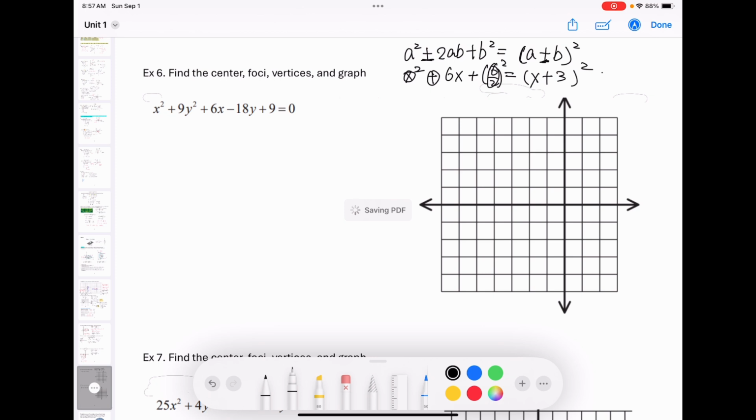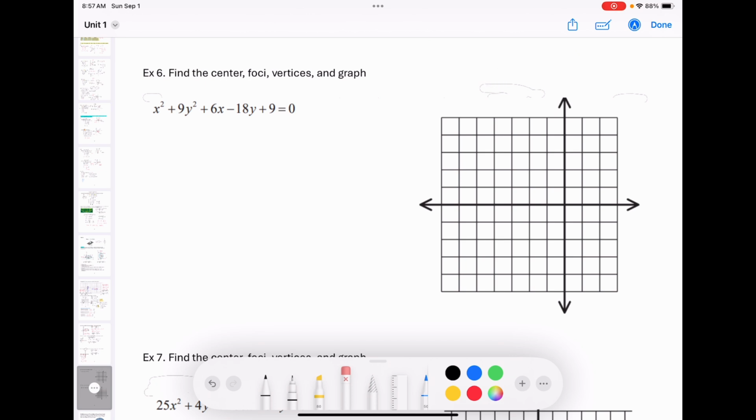Okay, let's see our example. Can you combine all the x together, all the y together, and move the number term to the right? So let's reorder it. It is x squared plus 6x, leave a blank here, and then plus 9y squared minus 18y, and then plus something equals, so bring the 9 to the other side, we minus 9 both sides, we have negative 9.